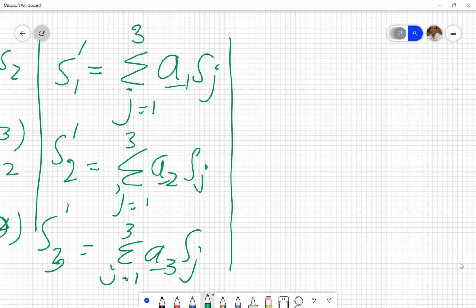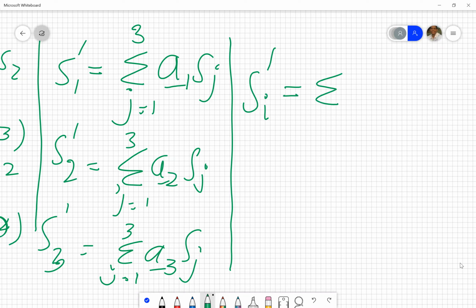If you are replacing this suffix with i equal to 1, 2, 3, then the equation will be very easy for us to write. Combinedly, we are now replacing these equations with si dash. What is si dash?